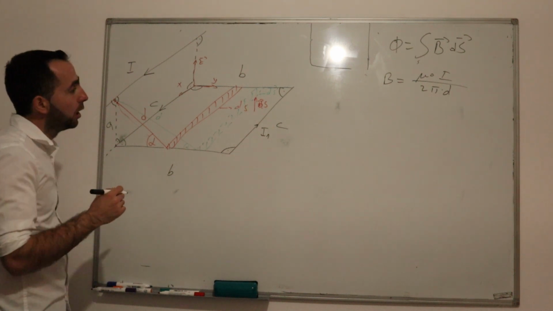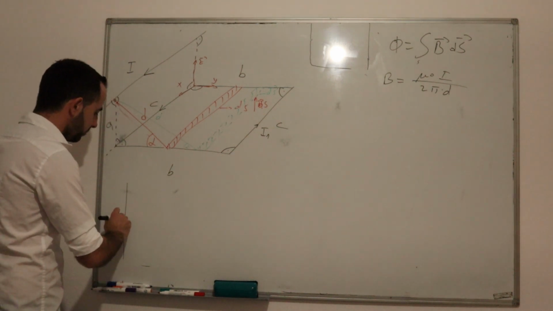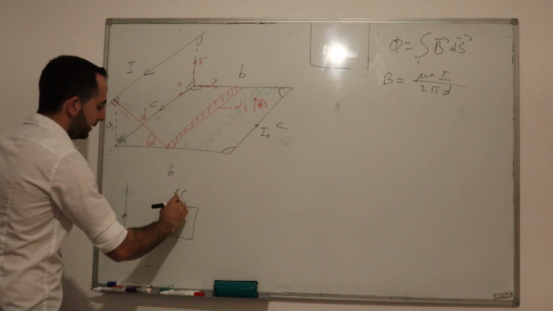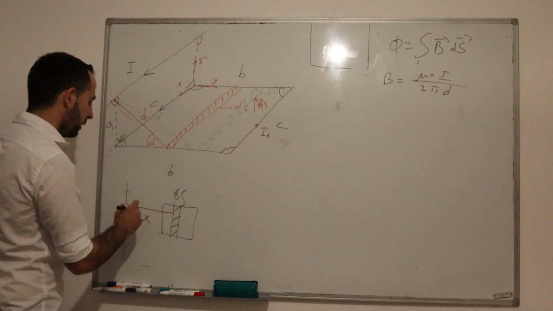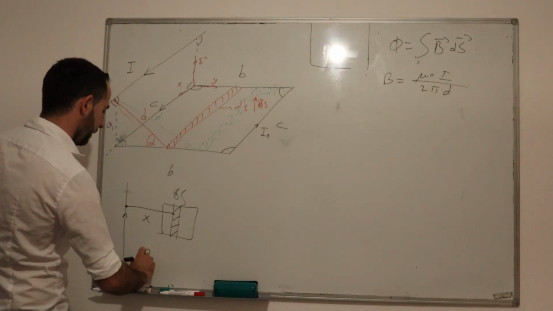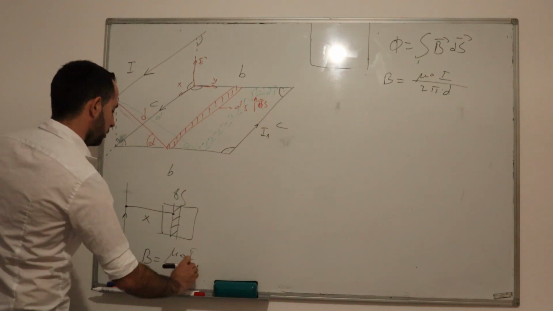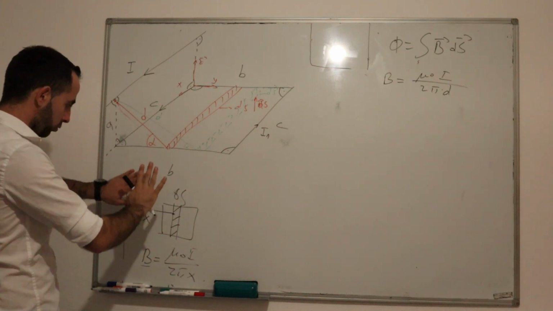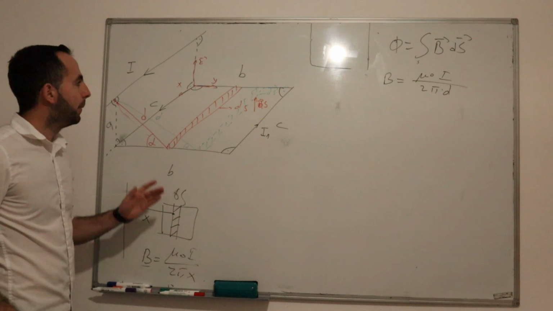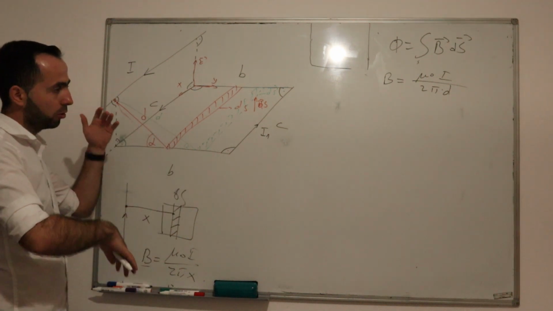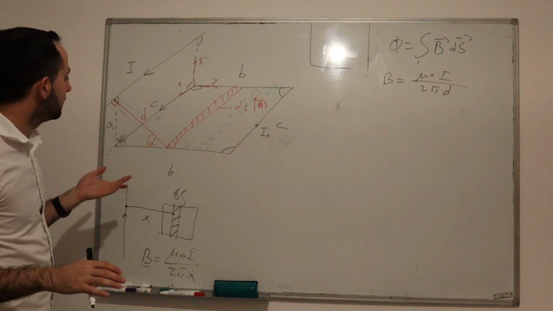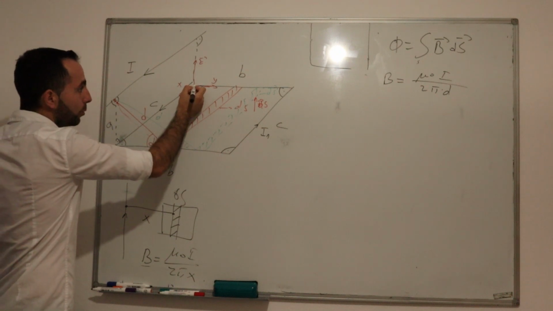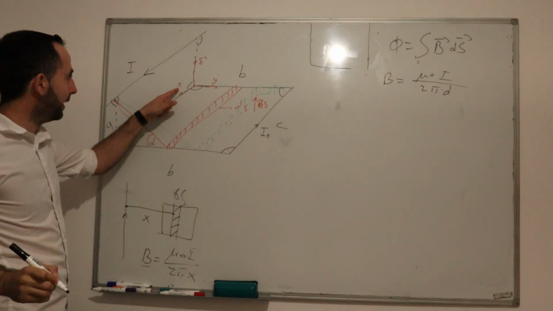But how can we write it then? Usually we have a conductor, and at some distance I have a surface where I need to calculate ds, at distance x, and the magnetic flux density would be with 2 pi x. Here we have a little more complicated three-dimensional system, where our surface changes along the y-axis, not the x-axis.